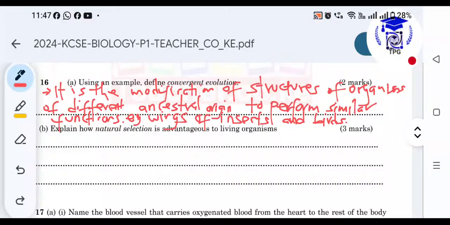So how is natural selection of advantage to living organisms?